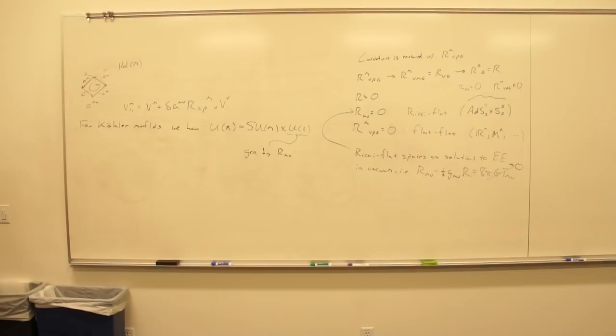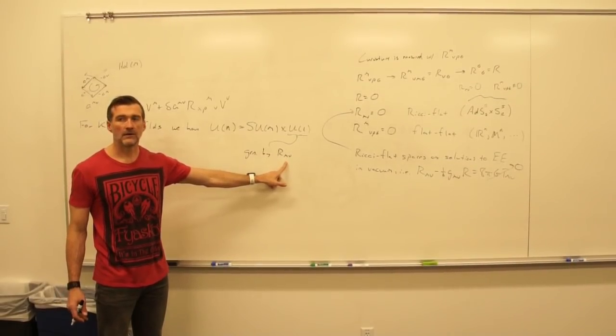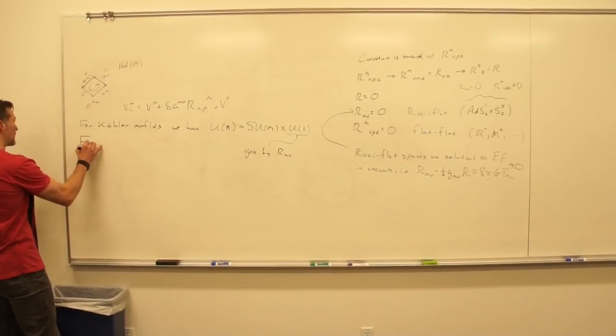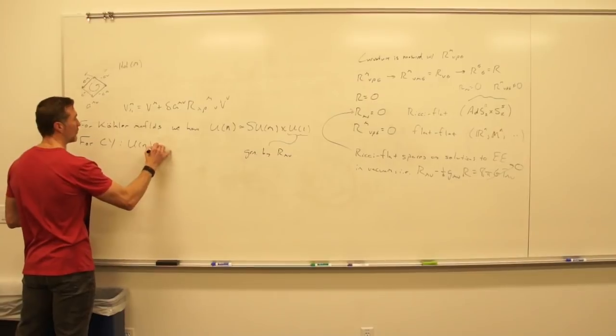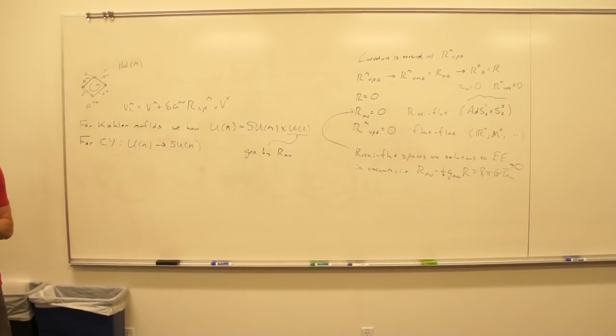And now here's the important connection. If you're on a Calabi-Yau, what is this tensor? 0. It's 0. So if you're on a Calabi-Yau, the holonomy is actually more restrictive. That is, it's not just U(N) holonomy, it's SU(N) holonomy.